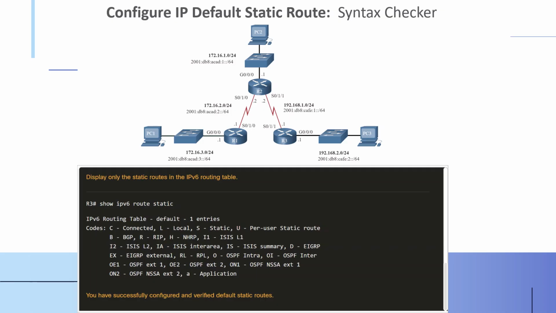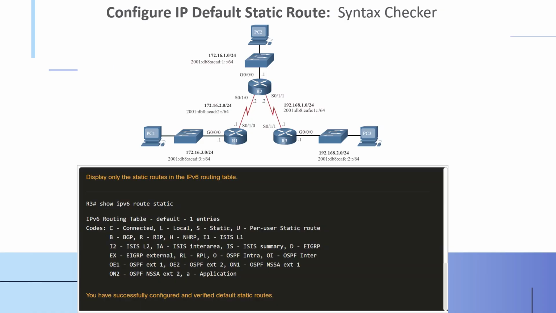Same with the IPv6 address, and then we use show ip route for the IPv4 network and show ipv6 route static for the IPv6 network, and by this we see that we have configured the default static route even at router 3.